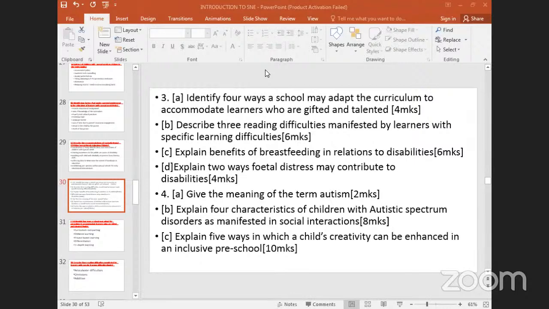For example, if you look at this first question, identify 4 ways a teacher may adapt the curriculum to accommodate learners who are gifted and talented. One of the major things about this question, and every other question, is to identify the key words. The key words or phrases are very important because they determine whether you have the answers or not.